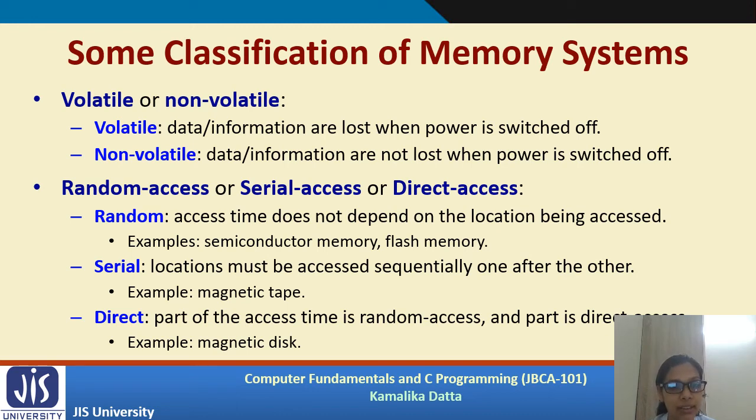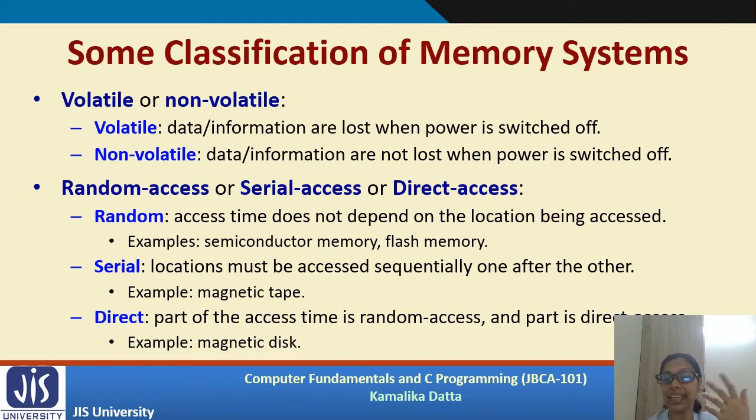Then we have serial. Locations must be accessed sequentially, one after the other. So magnetic tape is one of the examples. We'll see in detail how it works, but this is serial, one by one. You cannot go to any random location like what we can do in random access memory.